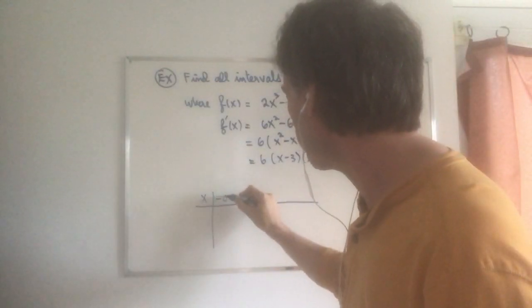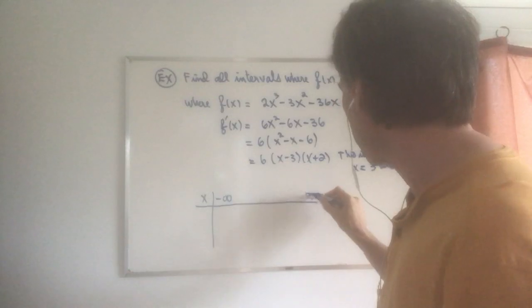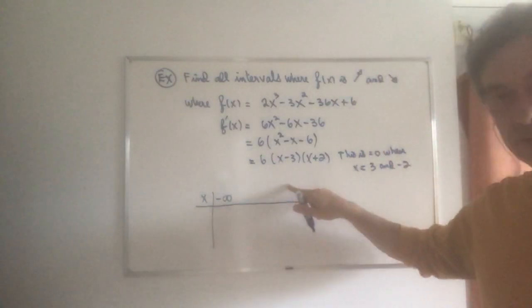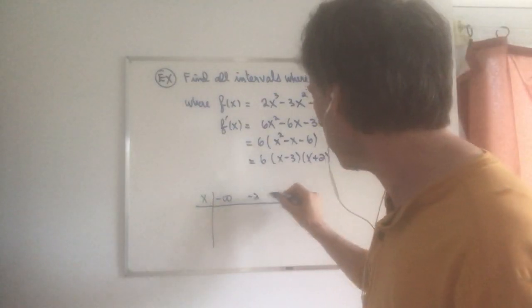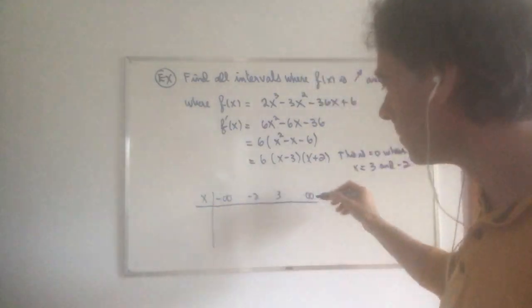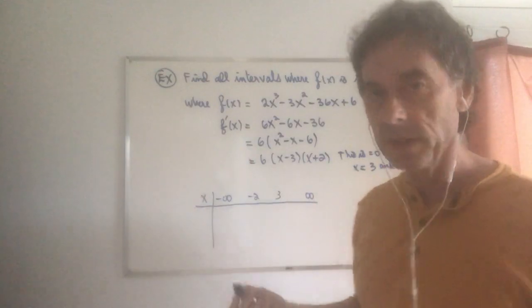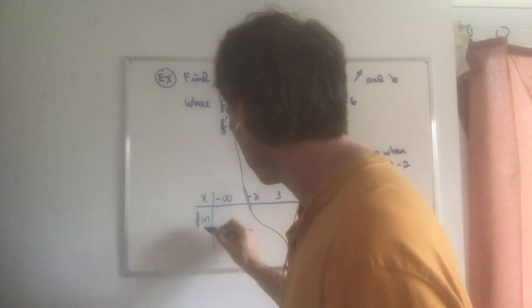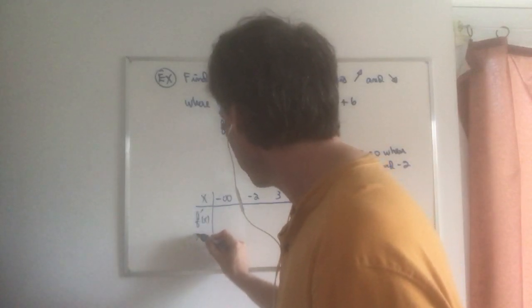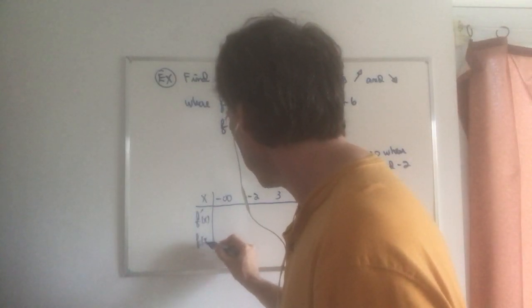So I have minus infinity to infinity. And the two numbers that I'm going to put on my interval here are minus 2 and 3. Remember to put them in order from least to largest, because this actually symbolizes a real line. So I'm going to have an f prime here, and I'll put an f like this.